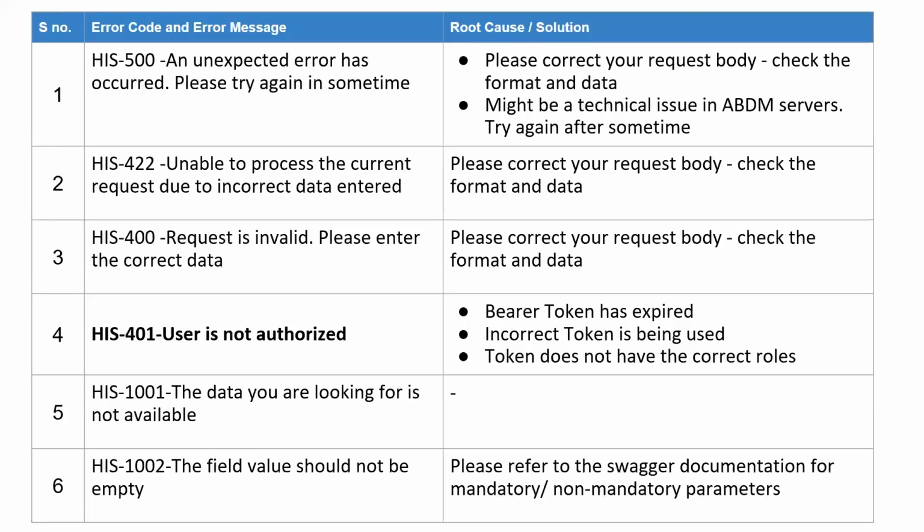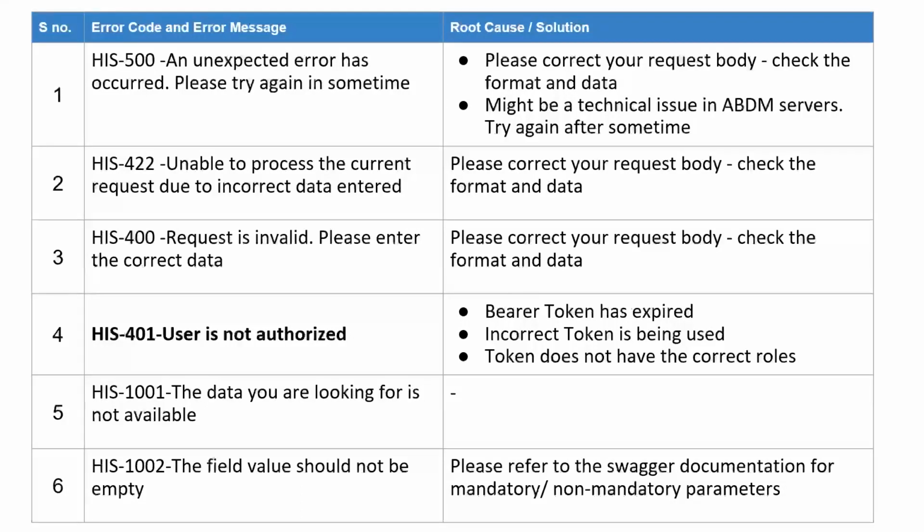Apart from that, HIS 422 means a business requirement error. Suppose you are entering wrong data as part of the input request. At that moment we pass a 422 error, so please check what data you have entered. Suppose you are creating the PHR address.